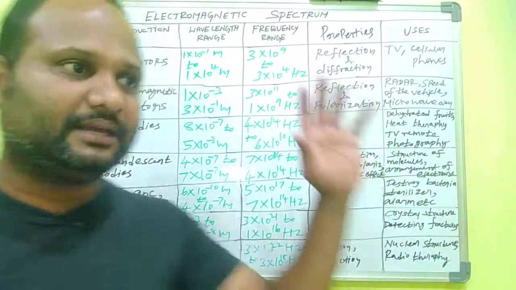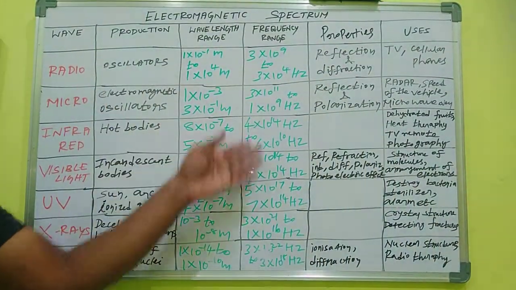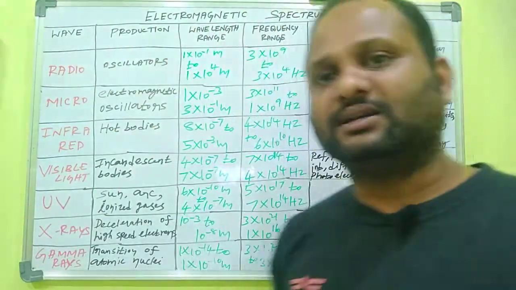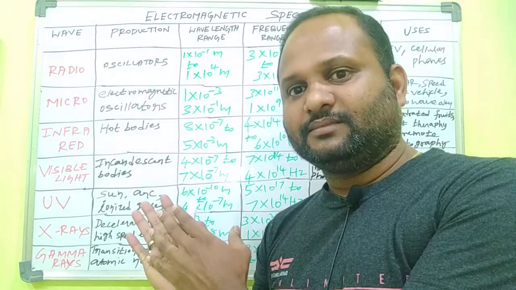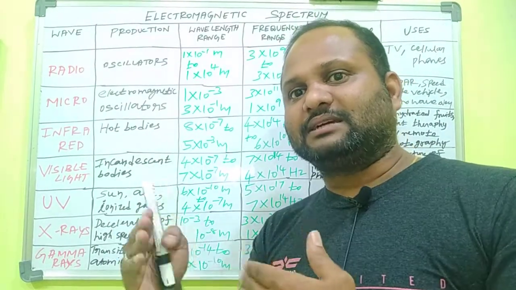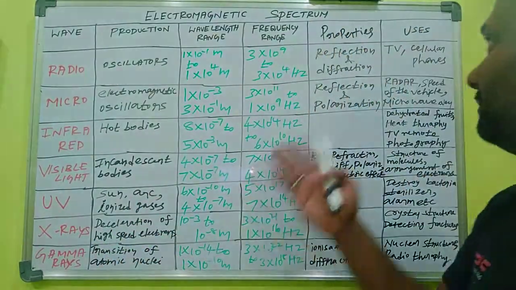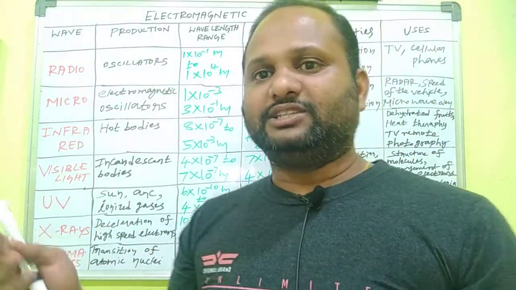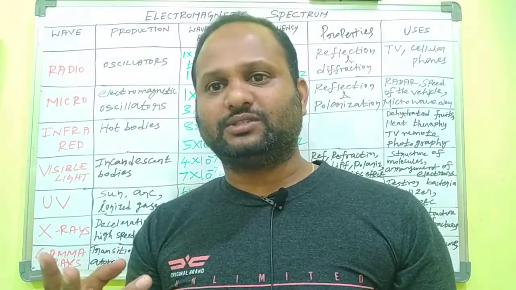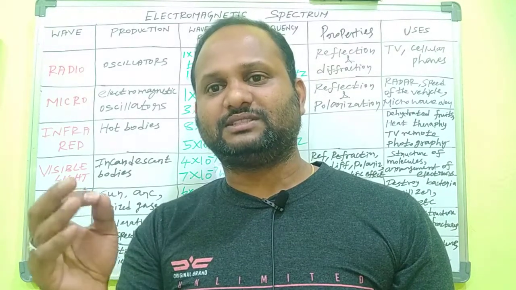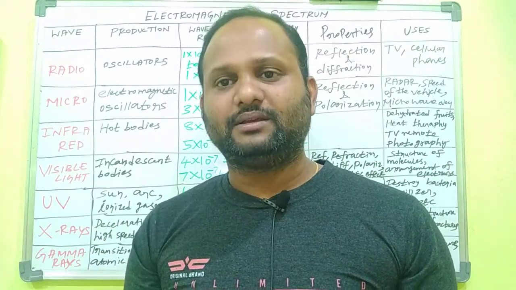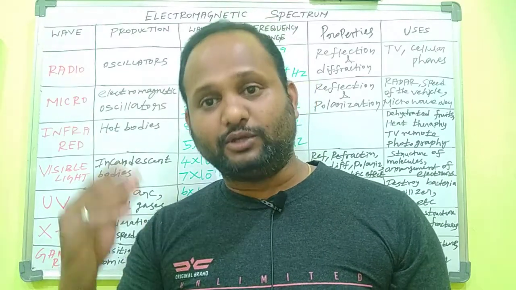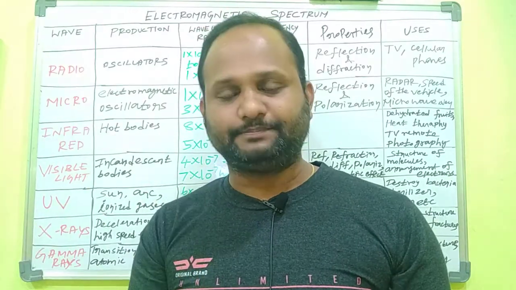This is one of the important questions in board exams. Questions are asked from this topic, like a comparison of ionization power, penetrating power, uses, or wavelength and frequency. Write any two uses of electromagnetic waves which have low wavelength, for example. Likewise, some questions are asked, so you prepare very well.